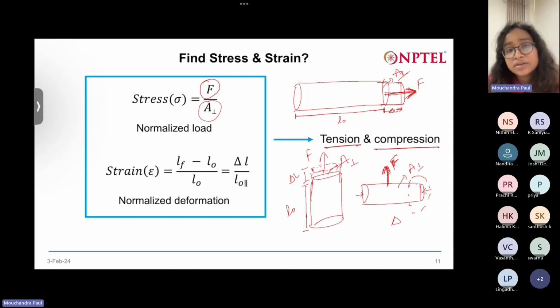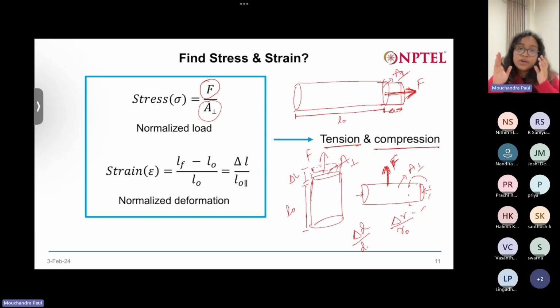Why will it not make much difference? Strain is a unitless quantity. And the radius and the diameter are in a fixed ratio, right? So it's just a ratio quantity. So even if you take delta R by original R, or delta D by D naught, you will get the same strain value. Okay.